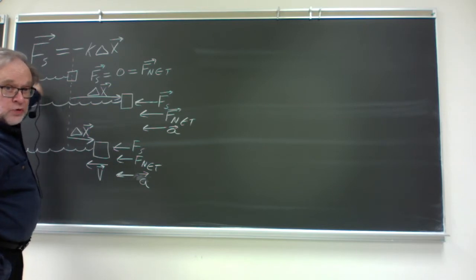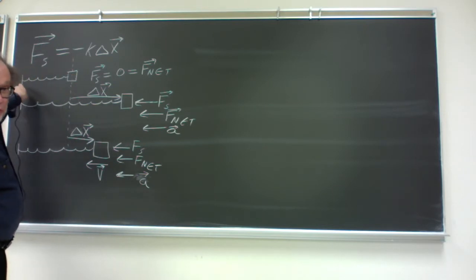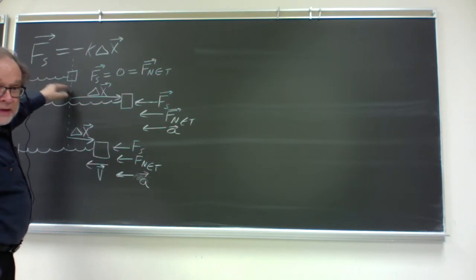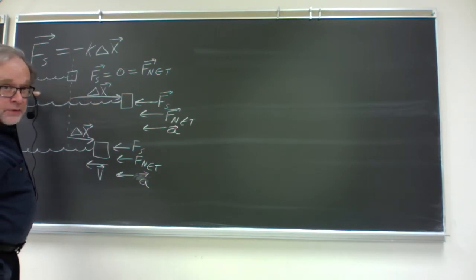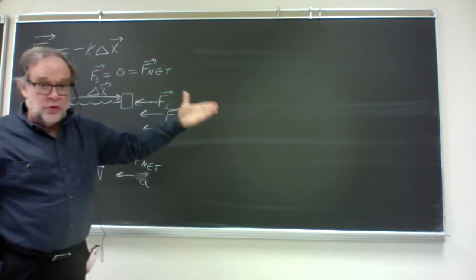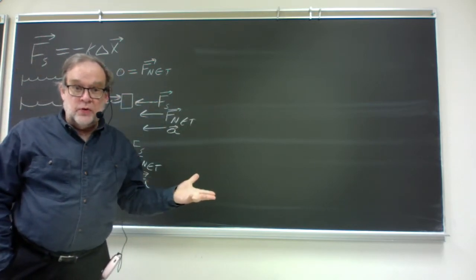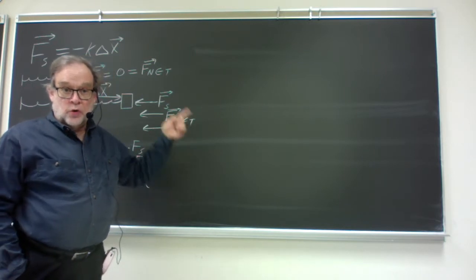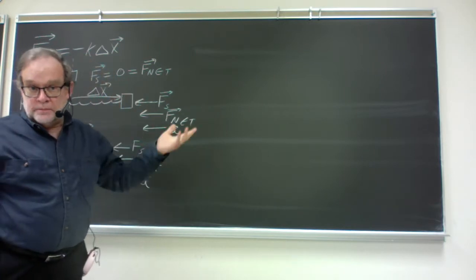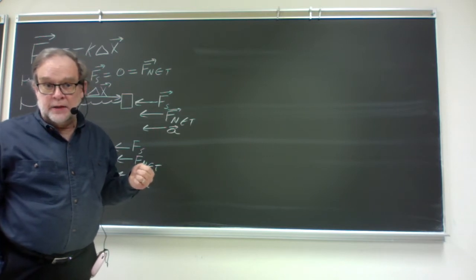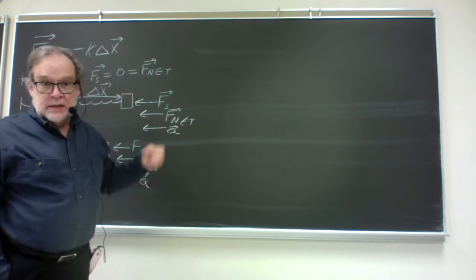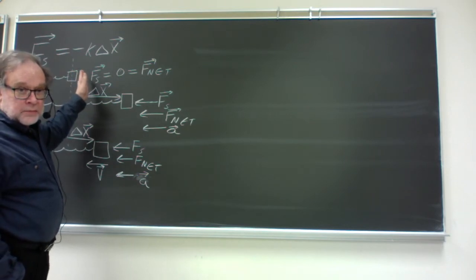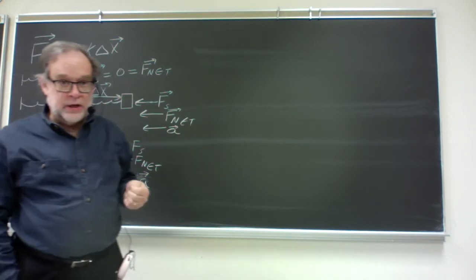The mass is free to move left to right, and one end of the spring is fixed, connected to a wall or something, and the mass slides back and forth along some kind of a very low friction surface, so that really the net force on the mass is supplied entirely by the force that comes from a stretched or compressed spring.